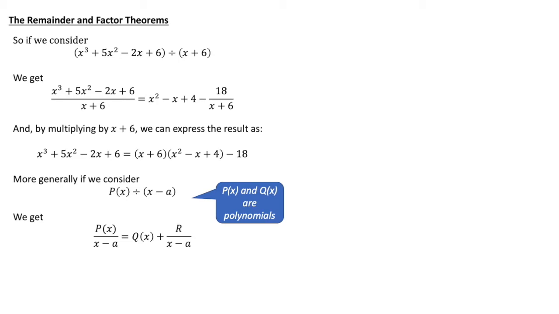Okay, now with this fraction version of our abstract situation, we can still multiply through by x minus a, and that will mean that the x minus a that's dividing the p of x and the one that's dividing the r will be cancelled out, but q of x will be multiplied by x minus a.